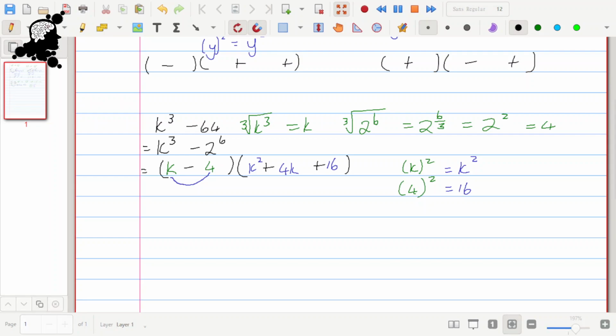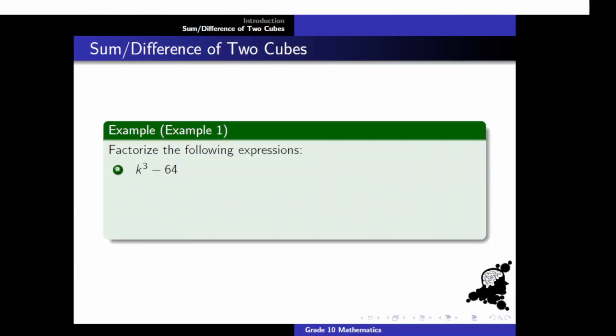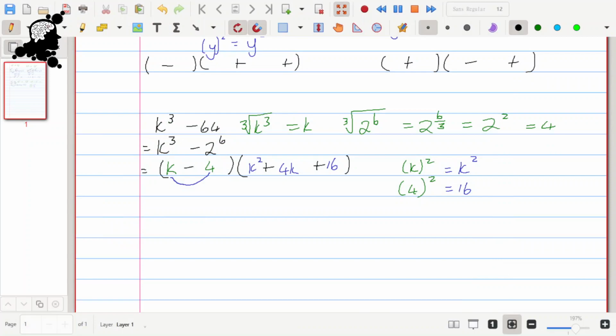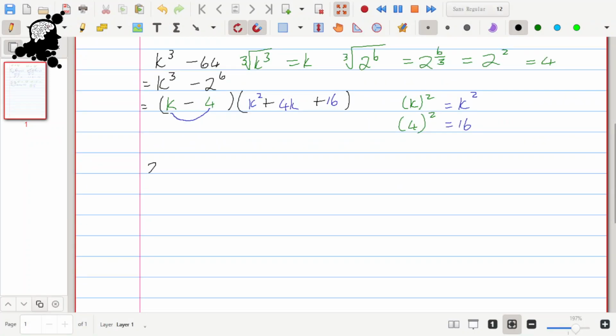Let's look at the next expression. In our next expression, we've got 27 plus m cubed. Let's go back to the writing pad. So we've got 27 plus m cubed. Are these perfect cubes? Well, 27 can be written as 3 to the power 3, so that's a perfect cube.